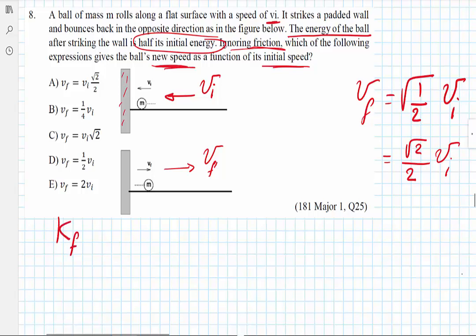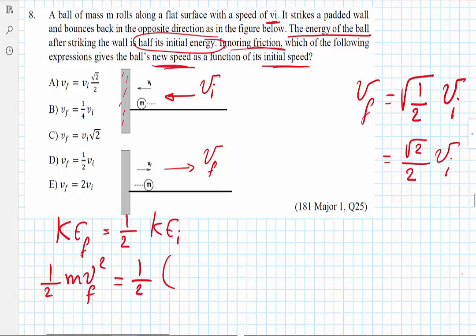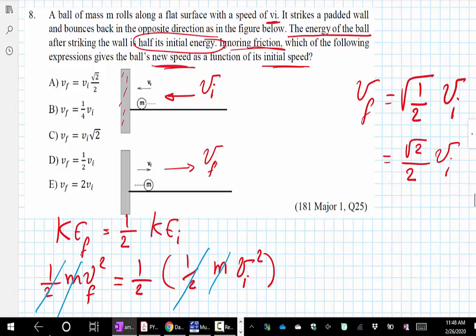The final kinetic energy equals 1/2 the initial kinetic energy. The final kinetic energy is half m v final square, which equals 1/2 times the initial kinetic energy, which is 1/2 times m times v initial square. Now we need to solve this equation. We can remove the half with half, and the mass with mass.